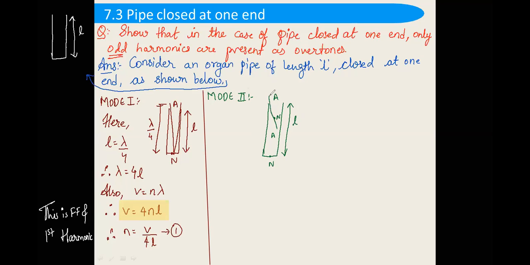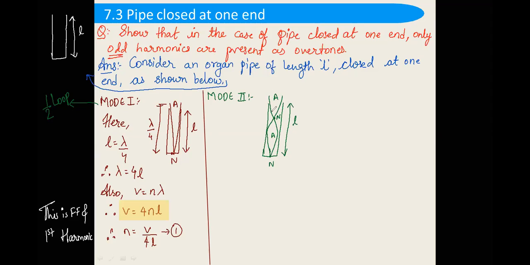So this is what the wave is looking like. Here, how many loops are forming? In mode 1, half loop is there. Here, 1.5 loops are there.